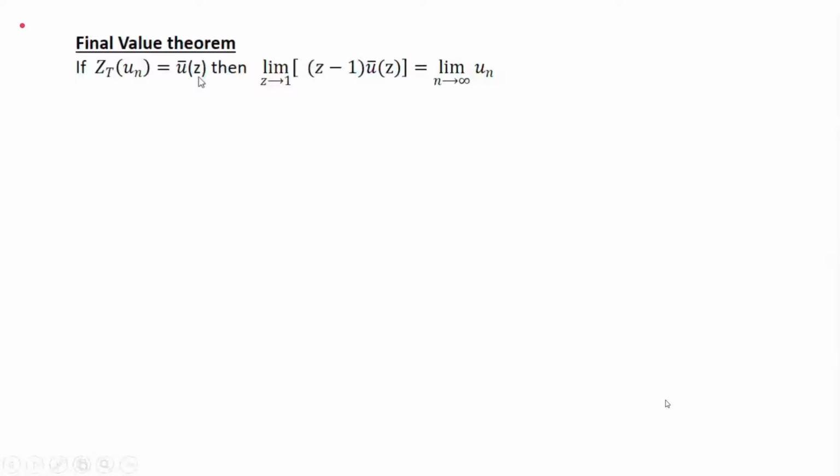So final value theorem is, if I know the z transform u bar, with z minus 1 and let z tends to 1, what I get is limit of un as n tends to infinity.